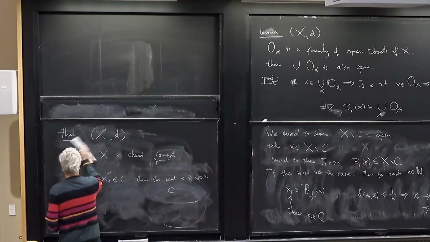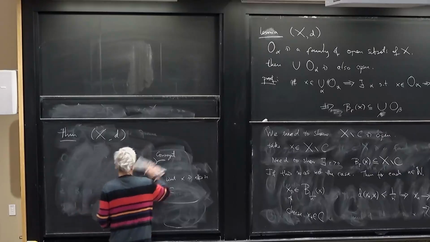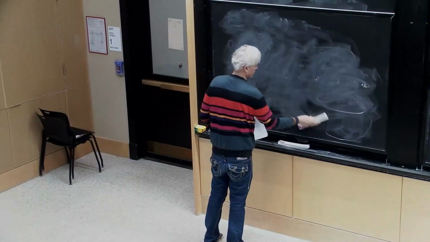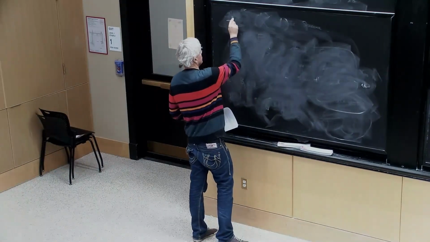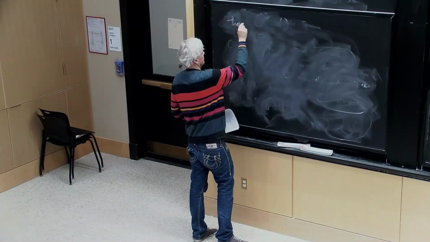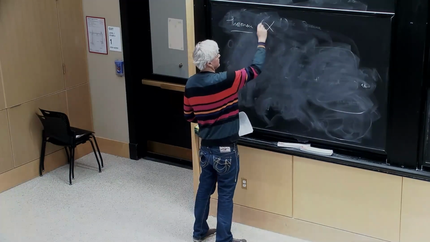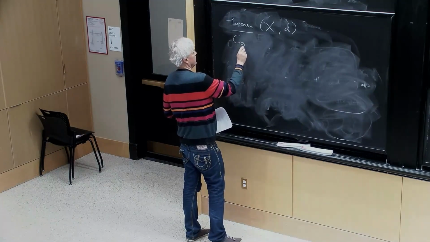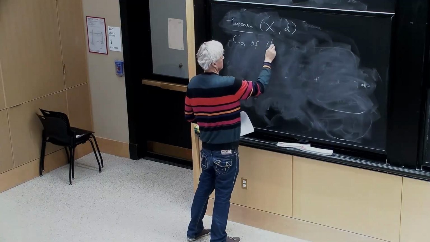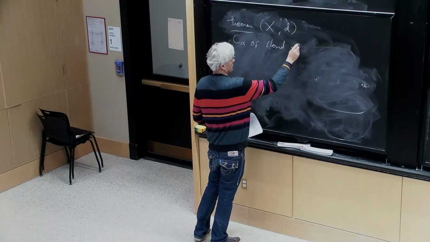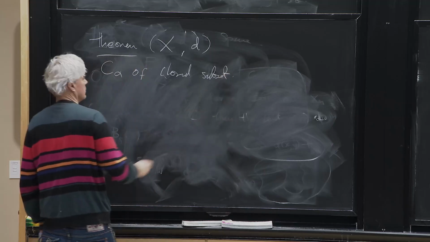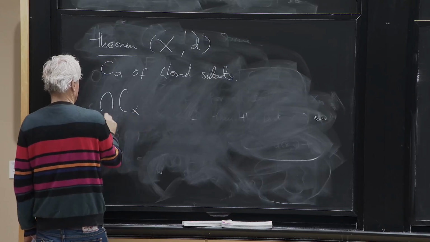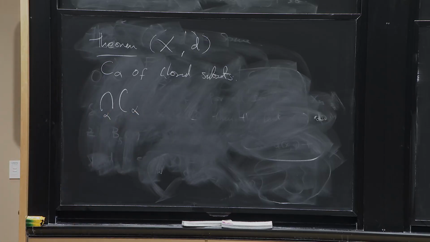The next thing we talked about very briefly last time, also because we talked a little bit about closed subsets. So you have the following theorem. If you have a metric space here, and you have a family C alpha of closed subsets, then the intersection of these closed subsets is also closed.